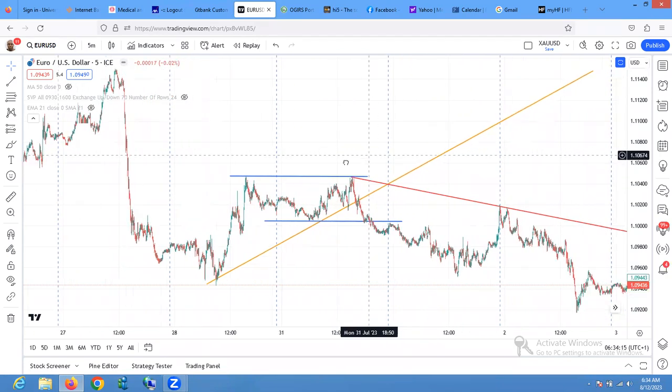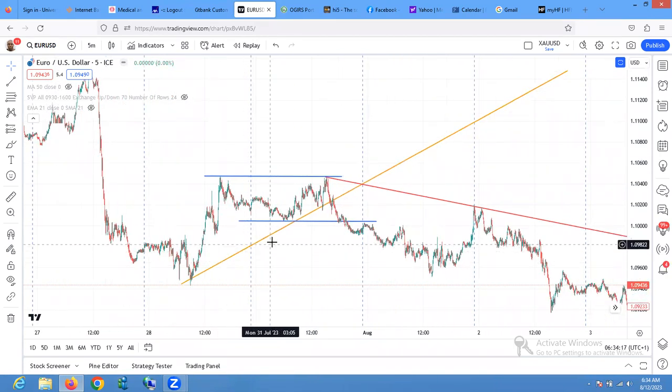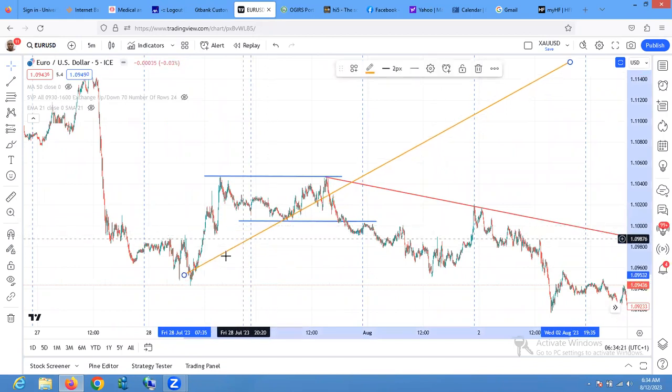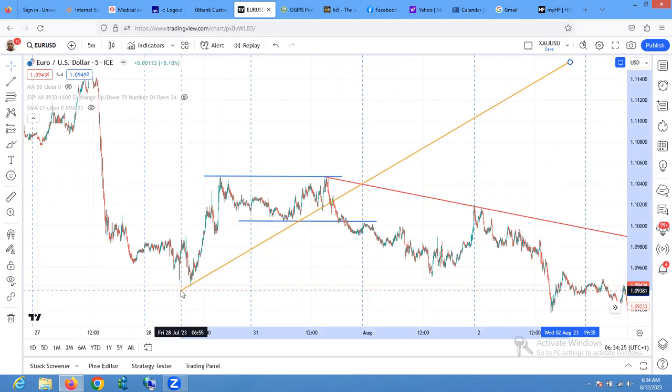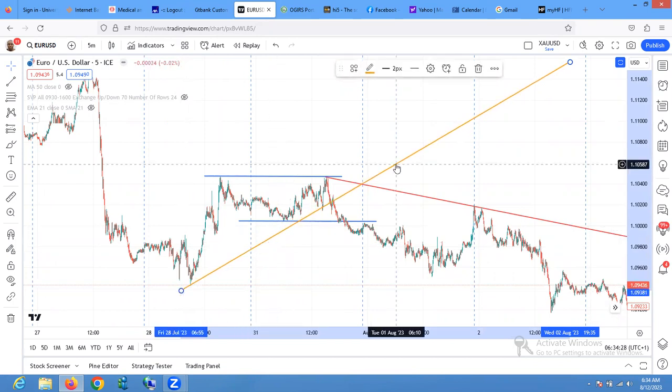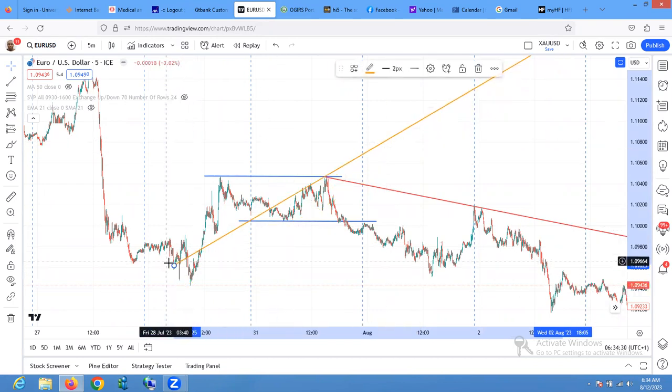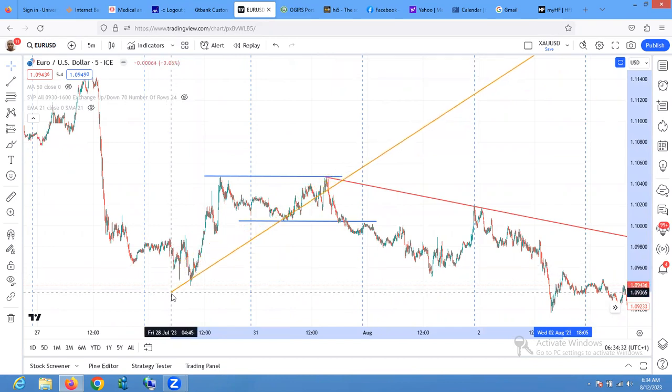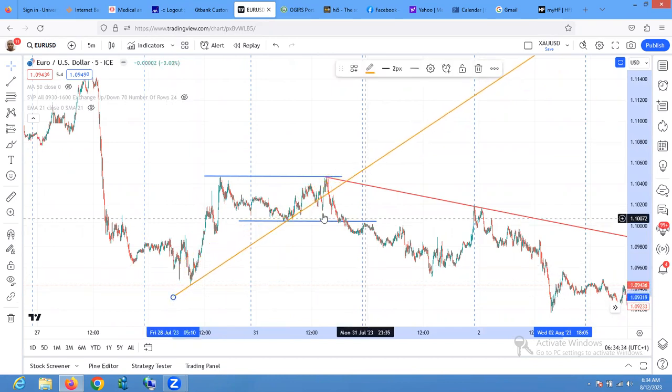And the first thing that indicates that break of structure is this trend line that has been breached, which might just tell me that we might be going down. So this trend line that has been breached might mean that we probably are going down.